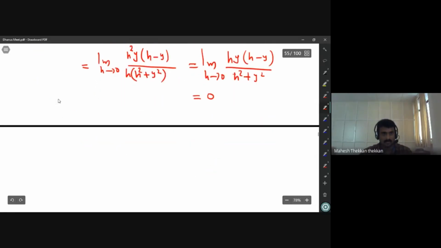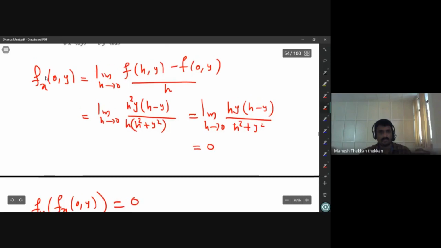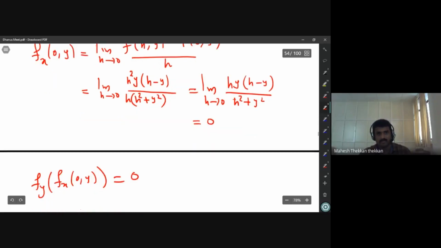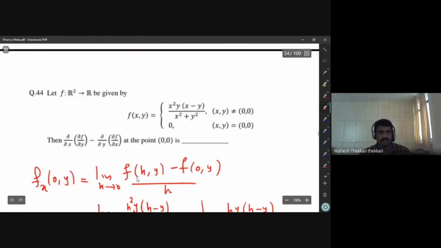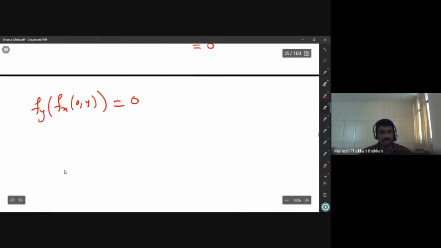So fxy at (0,y) is 0 only, because this is a 0 function. Whatever y you take, you will get 0 only. Again you take the derivative with respect to y, so you will get 0 only. So fxy at (0,0), what will you get?